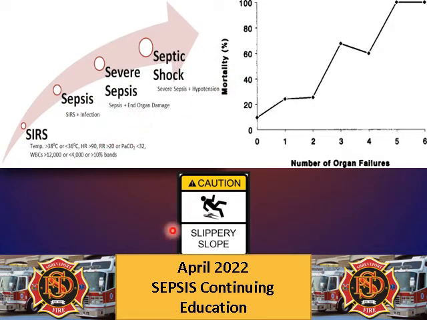This is a very slippery slope, okay? The reason for that is that it can progress slowly in some patients depending on the infection, or it can become very rapid. Especially with your immunocompromised patients, we have a lot of sicklers, a lot of diabetics, a lot of HIV positive AIDS patients in our parish. I just mentioned those specific patient classes because those are your immunocompromised patients.